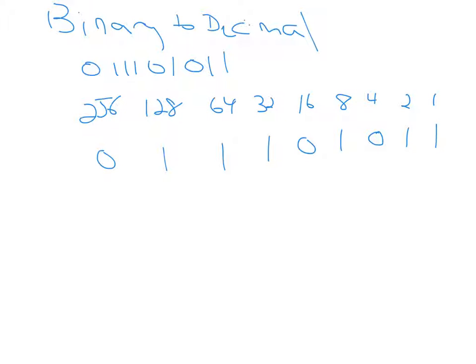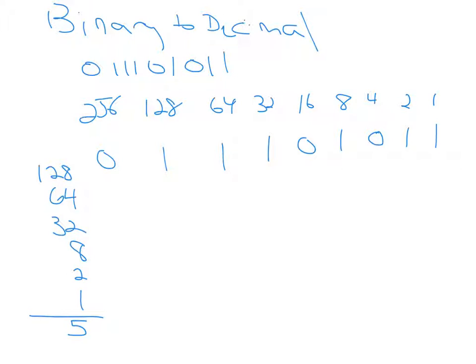So now all I have to do is, anywhere that I have a 1, that bit is on, and I will add it. So I'm going to have 128, 64, 32, 8, 2, and 1. So 8 and 4 is 12, and 2 is 14, and 8 is 22, and 2 is 24, and 1 is 25.